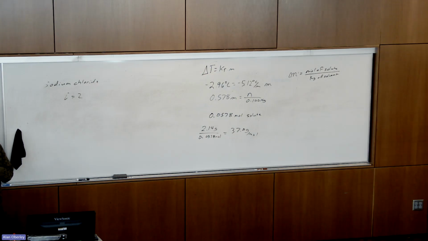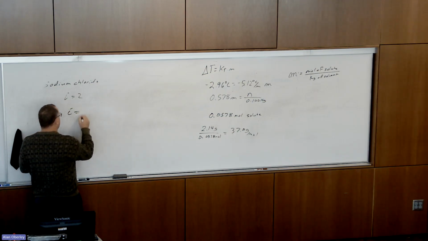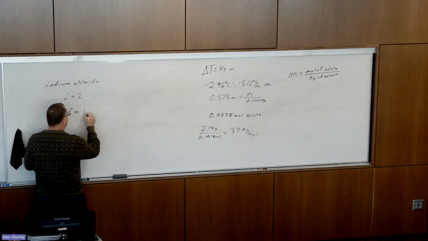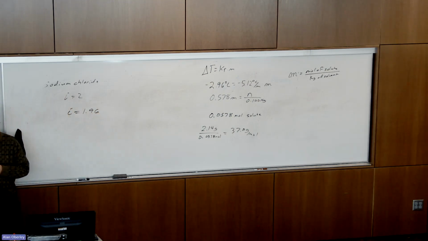But if you actually measured the freezing point, he often found that you would have i equals like 1.96. Okay, so if you were in a lab and expected to get 2 and you got 1.96, what would you say?